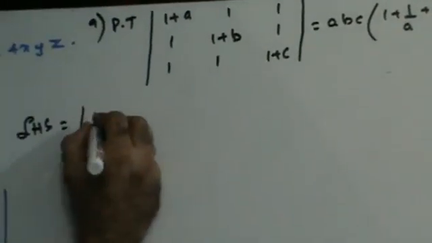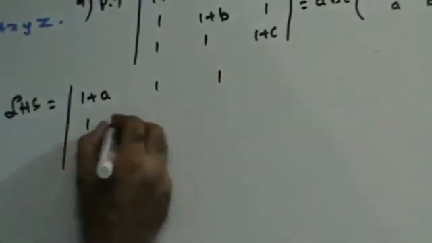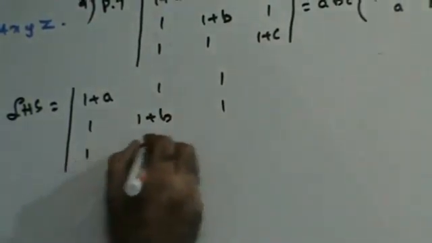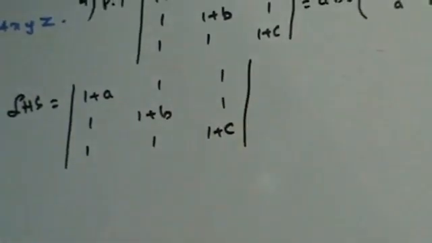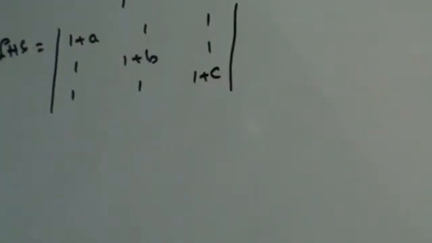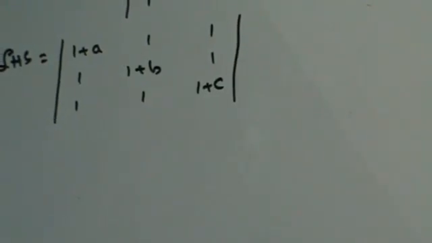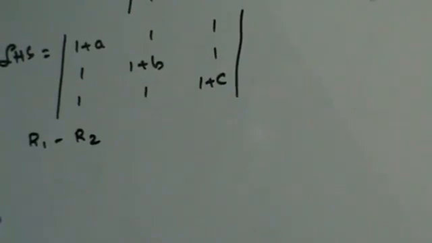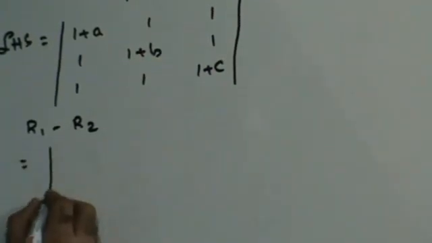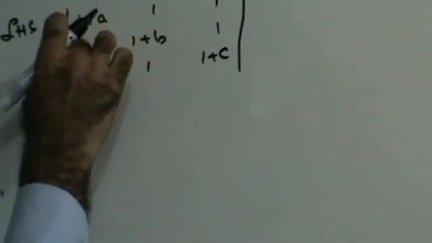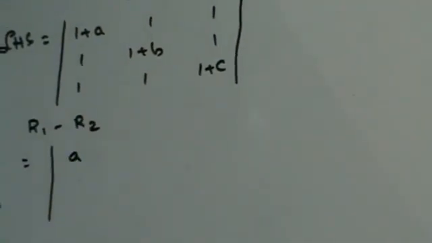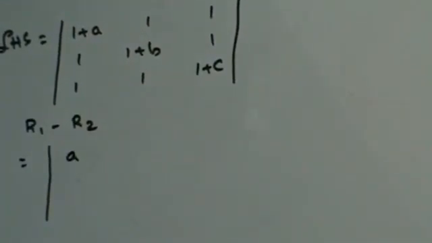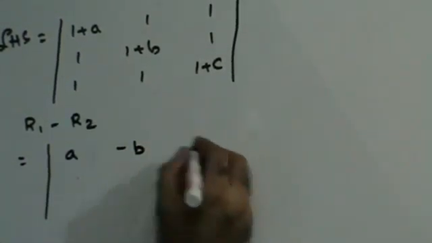LHS: 1 plus a 1 1, 1 1 plus b 1, 1 1 1 plus c. Try to get as many zeros as you can, right? I can do r1 minus r2. If I do r1 minus r2, this 1 minus 1 would give me 0. So 1 plus a minus 1 is a, 1 minus 1 plus b will give you minus b, 1 minus 1, 0.